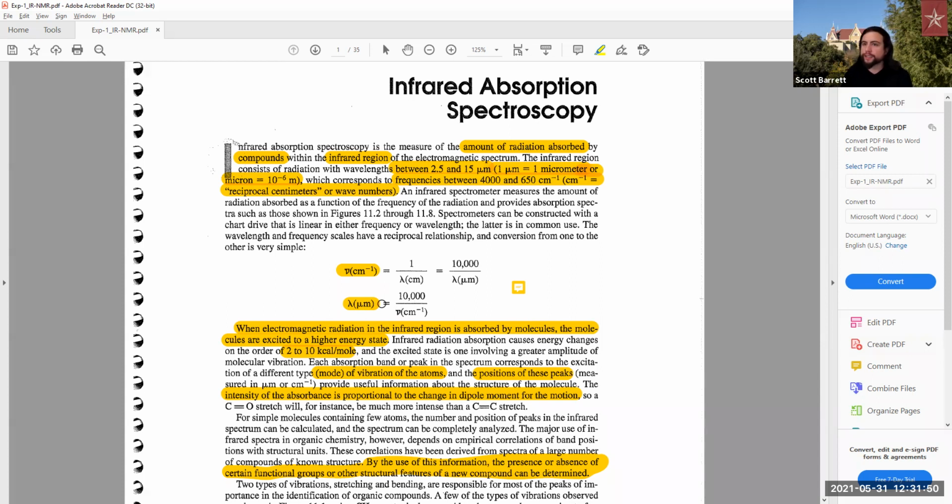Now, we won't necessarily need to know how to interconvert these numbers, because when we look at an IR spectra, we're going to be focusing more on the location of specific frequencies that we'd be seeing on the spectra itself.